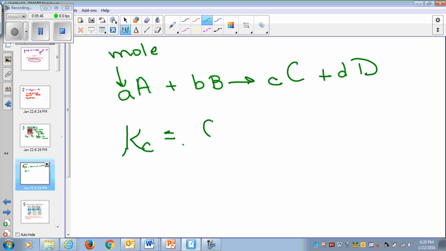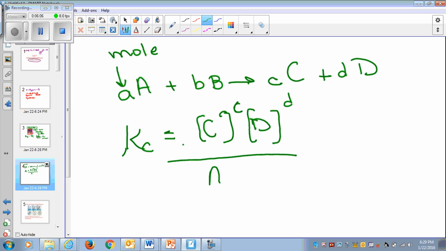So I will say C, and I take it as a concentration. I told you that whenever I write something in the parentheses, it is concentration. And it is to the power of the number of moles. And then I have D, concentration to the power of the number of moles of D, divided by the concentration of A, my reactants, each to the power of its moles. I don't like this tablet.